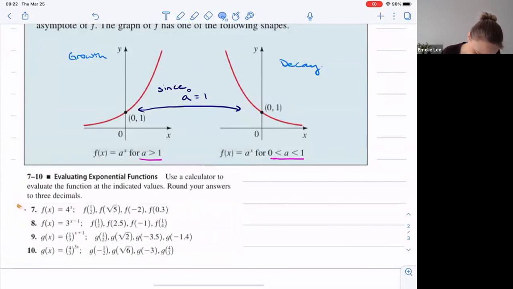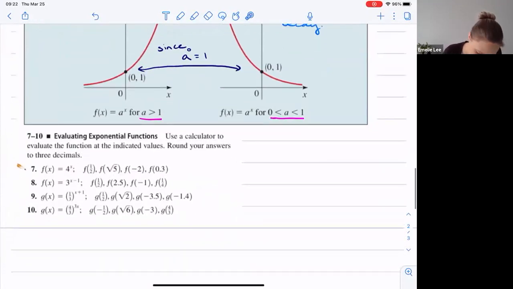Let's do 8, just to kind of try those other ones. You have the solutions, right? So make sure that you try them, because I picked kind of an easier one just to show you guys, but try those other ones just for practice.